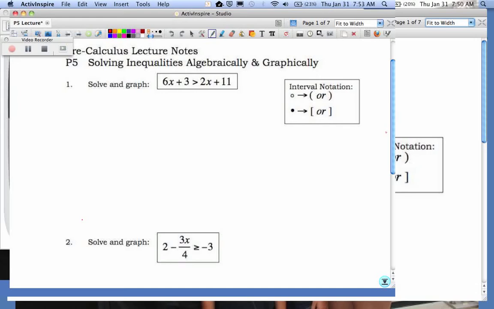It is still rules of algebra. So if I'm going to get my x's by itself in this first problem, the first thing I'd probably do is bring the 2x to the other side.